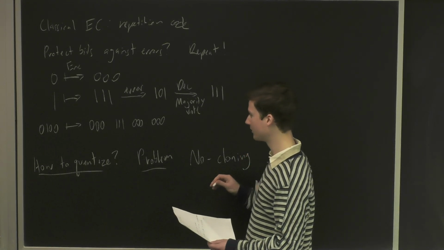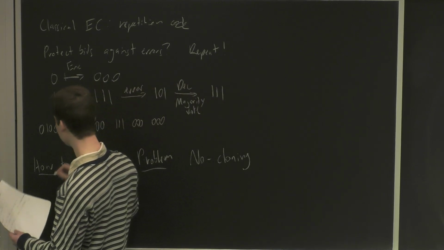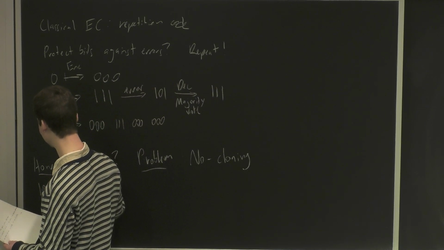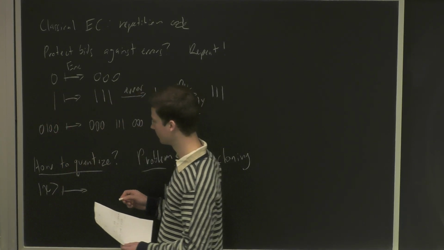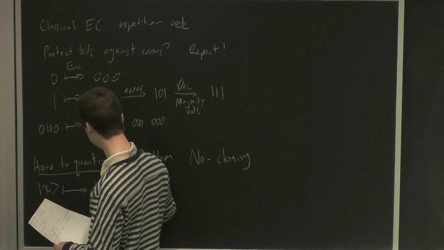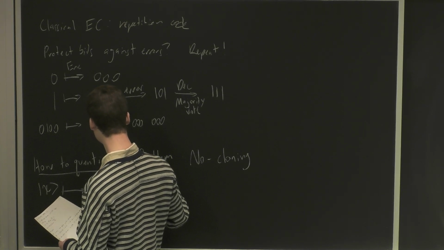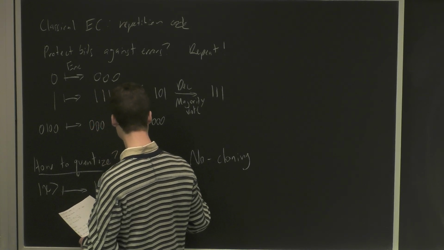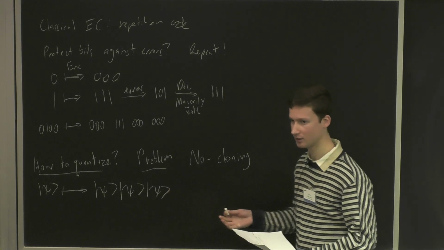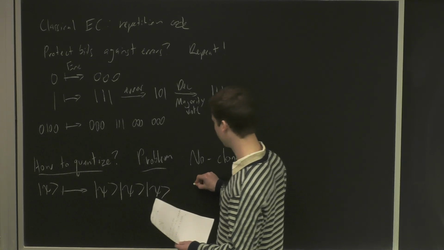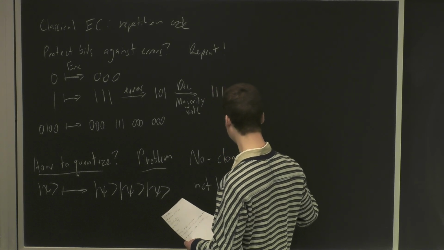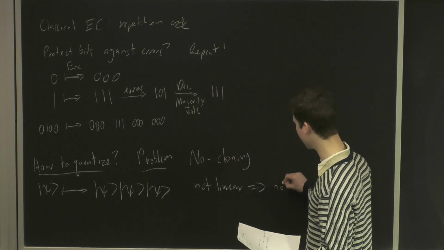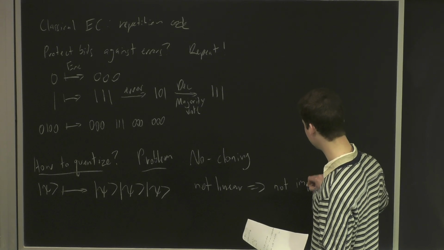What this theorem says is that the repetition map that we could use quantumly so easily actually isn't a physically implementable quantum map. The map that sends the state psi to, say, 2 or even 3 copies of this state psi actually turns out to not be a linear map, which means it's not physically implementable.